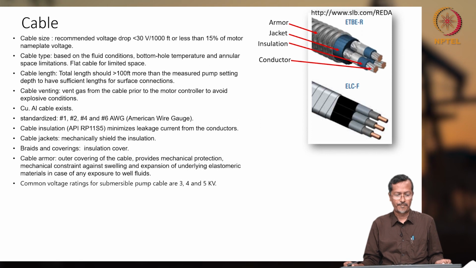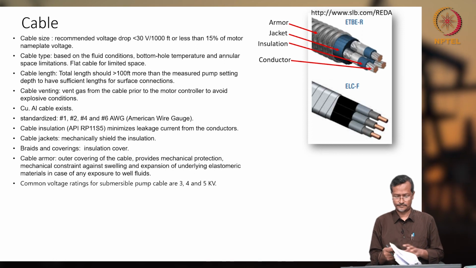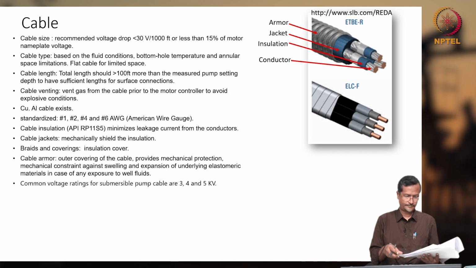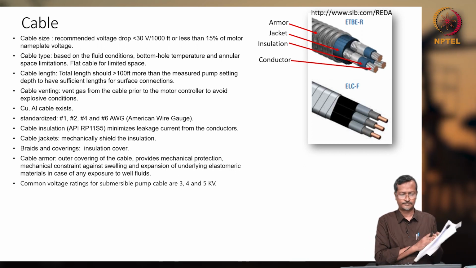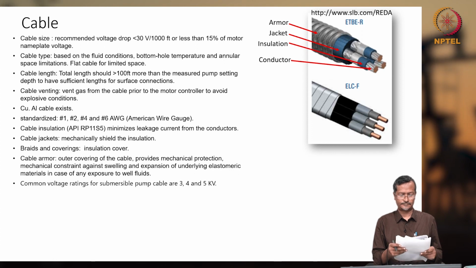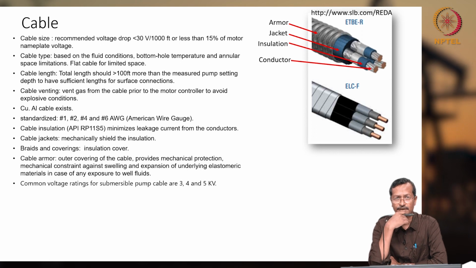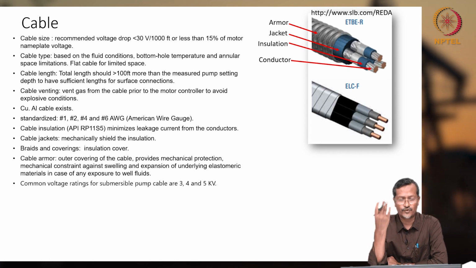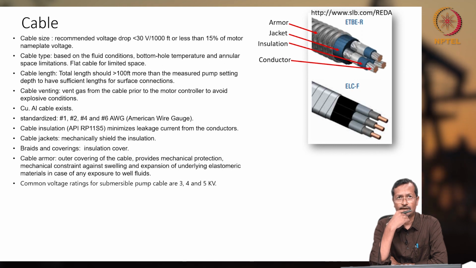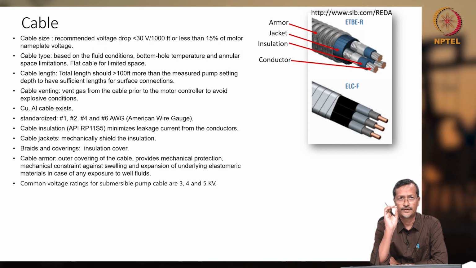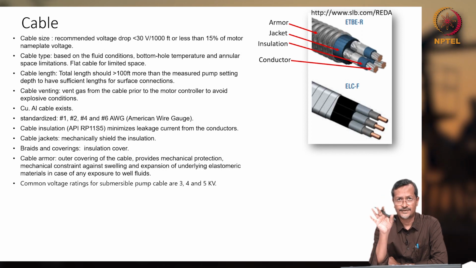Now cable. Okay, so cable size. The recommended voltage drop should be 30 volt per 1000 feet or less than 15% of the motor nameplate voltage.